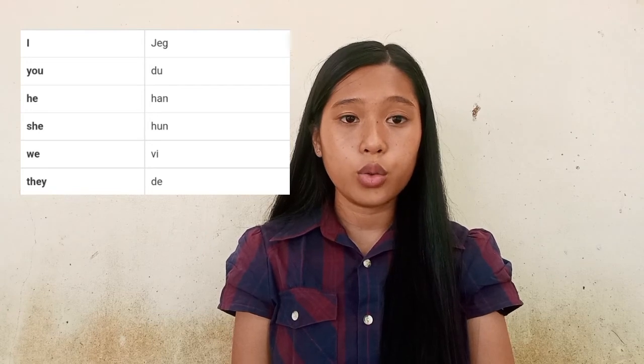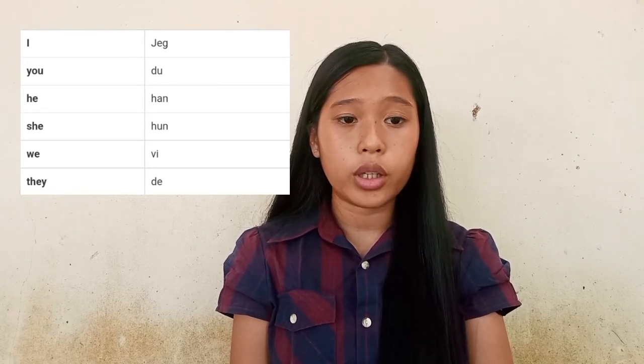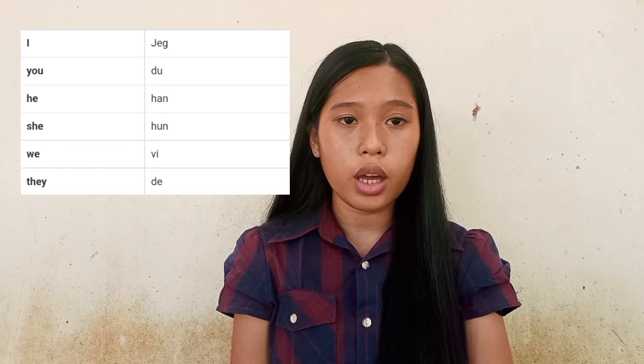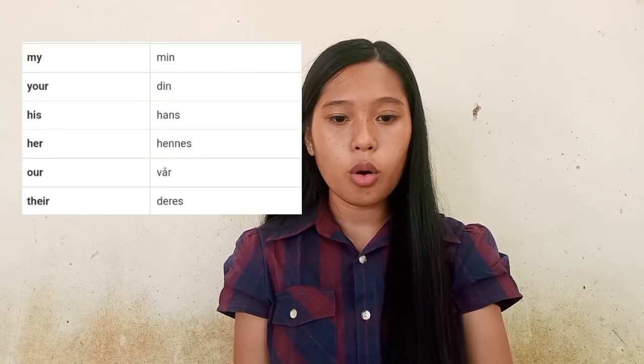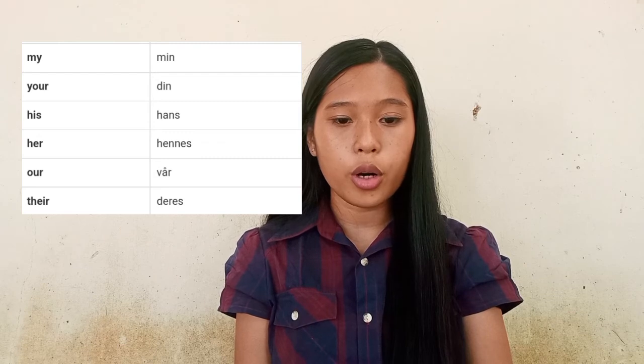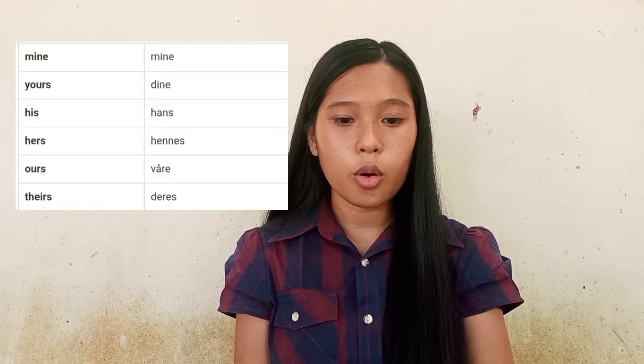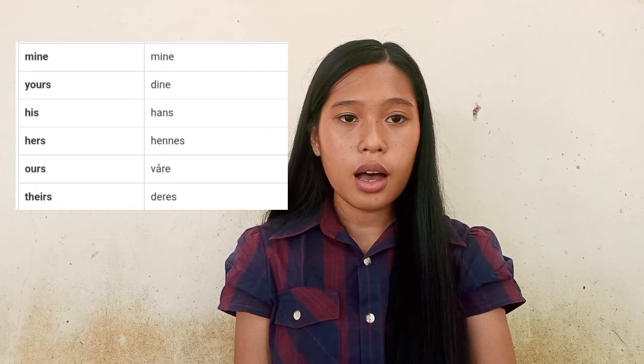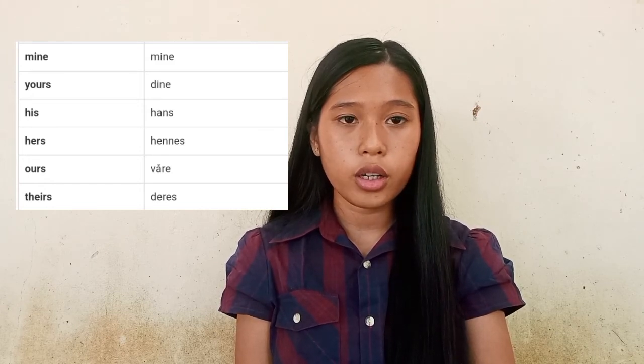Jeg or I, du or you, han or he, hun or she, vi or we, de or they, meg or me, deg or you, ham or him, henne or her, oss or us, dem or them, min or my, din or your, hans or his, hennes or her, vår or our, deres or their, mine or mine, dine or yours, hans or his, hennes or her, våre or ours, deres or theirs.